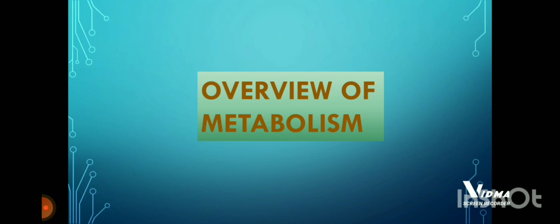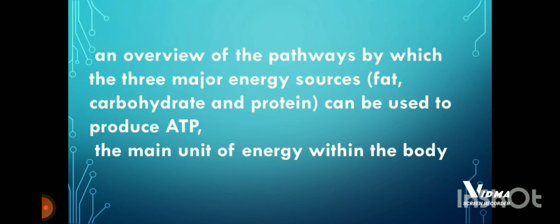Now we try to understand an overview of metabolism. In the overview of the pathway, the three major energy sources, means the major constituent substances we use as a diet, fat, carbohydrate and protein, can be used to produce ATP.